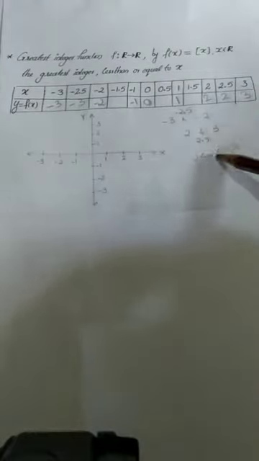So it is an integer which is less than or equal to x. What's the image of 0.5? 0.5 is in between 0 and 1, so less than or equal to means 0.